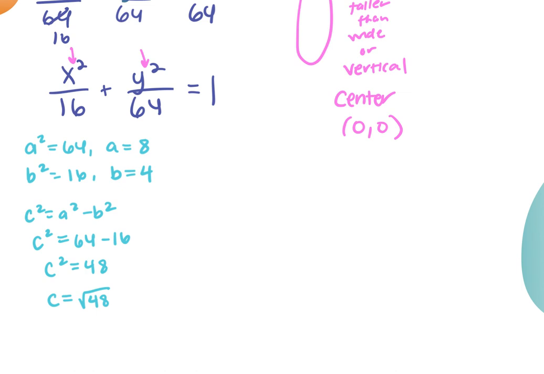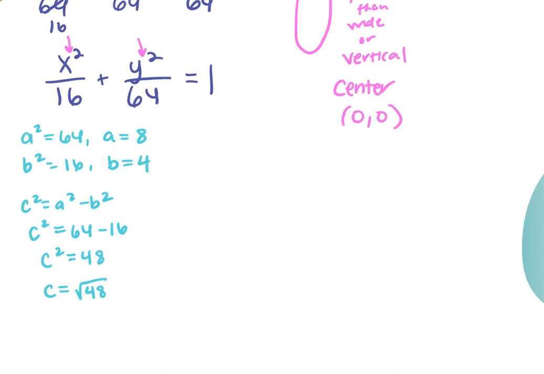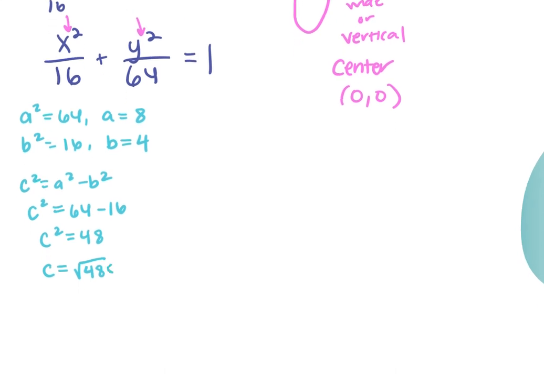Good question. We go in both directions, so you don't need it to be the plus or minus. It technically would be plus or minus, but by moving it up and down, we just use it as positive, and then we just move it. But we do have to break this down. This would be 3 times 16. Square root of 16 comes out as 4. So this is 4 square root 3.